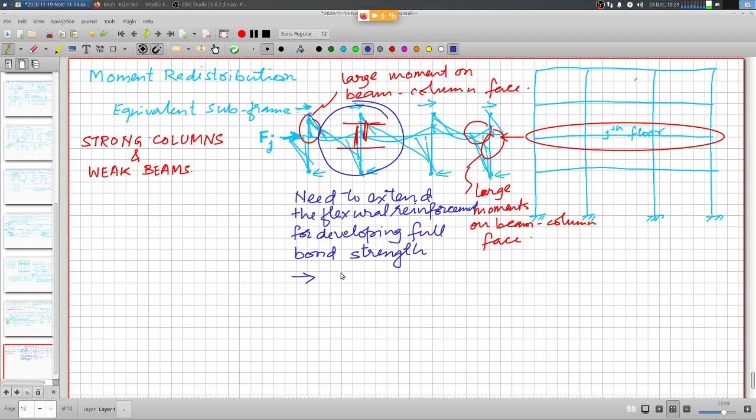And this leads to overstrength. Another thing is, we also need some code provisions, very important.